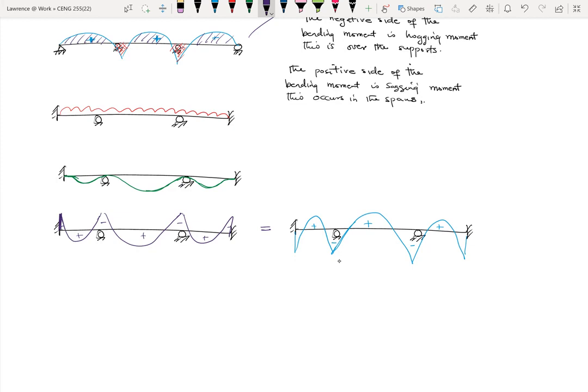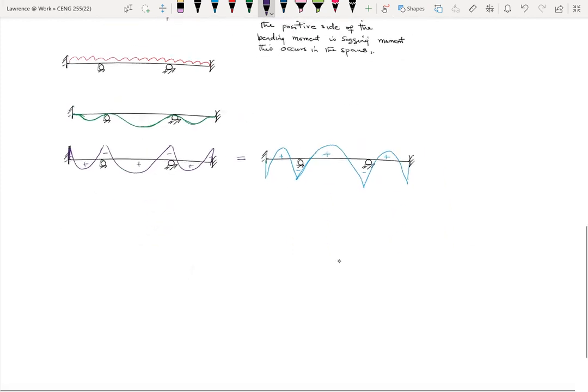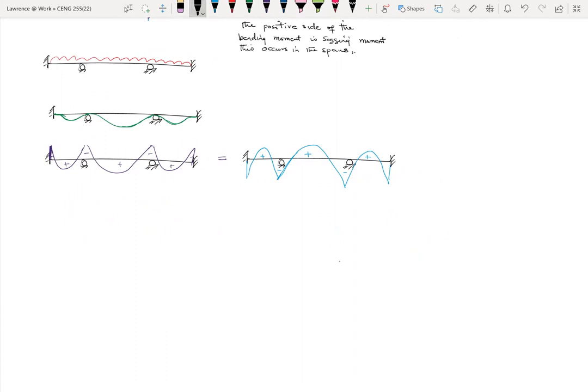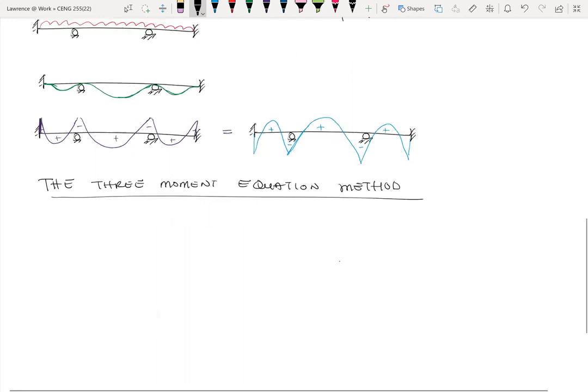All right. And there's one topic like that, which we call the three moment equation method. Right.